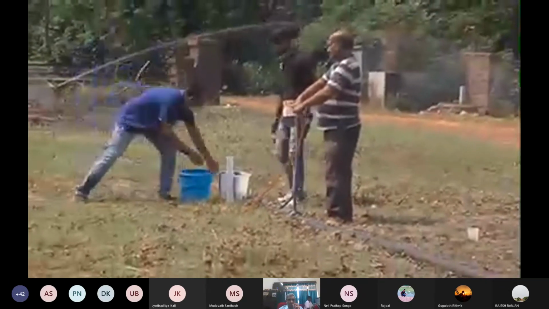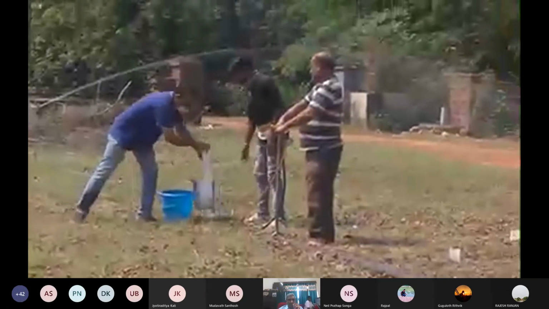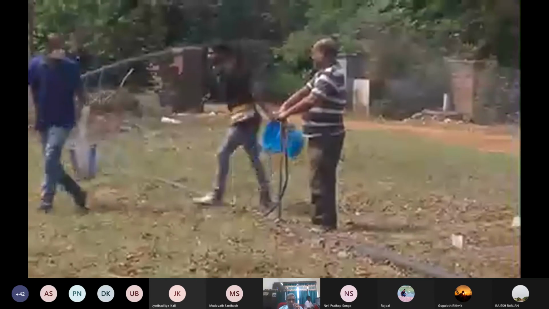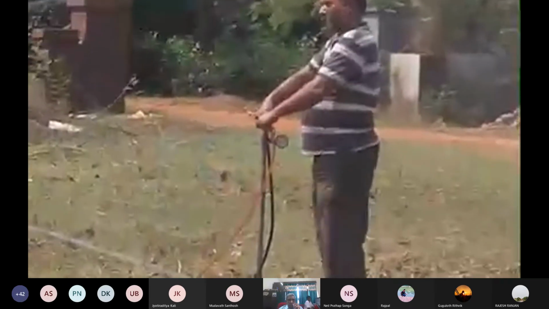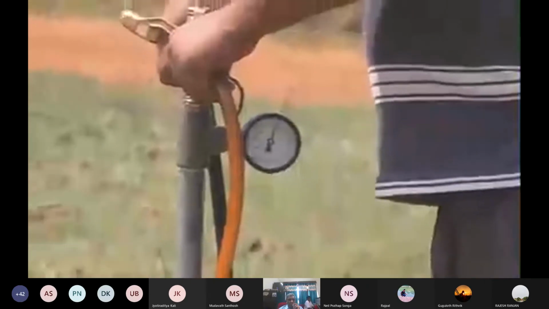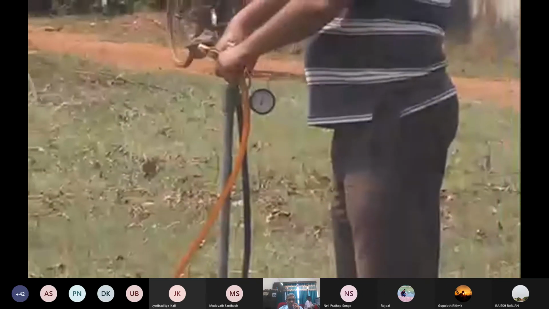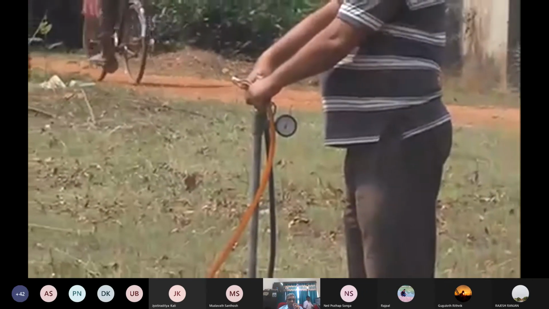So individual discharges we have collected in 10 seconds, and using this data we will find out the coefficient of discharge for each nozzle, that is the range nozzle as well as the spreader nozzle.